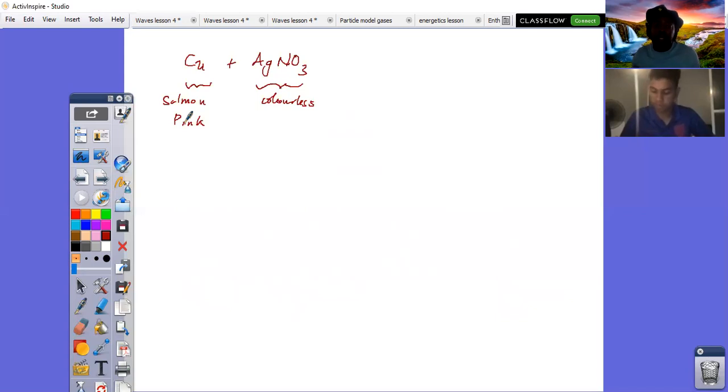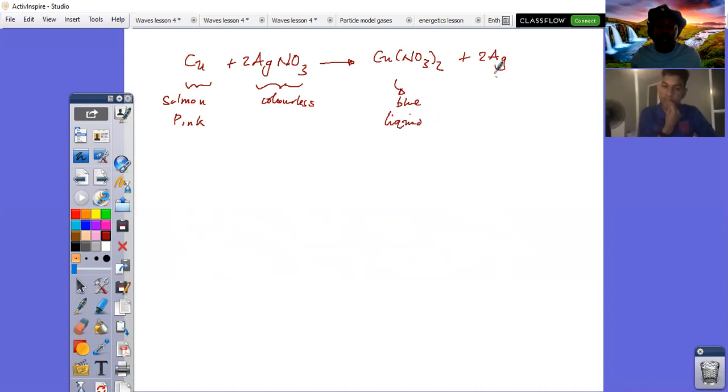Yeah. It is. So a displacement reaction will take place. So you're going to get copper nitrate and you're going to get silver. So to balance this, we need the 2 there and the 2. Now this here is blue in color. So blue liquid. And of course, silver is silver gray.